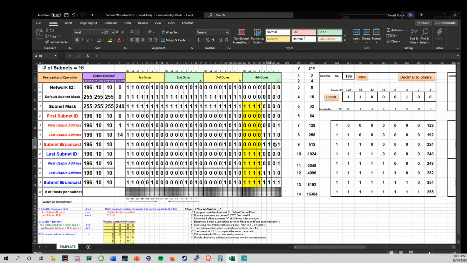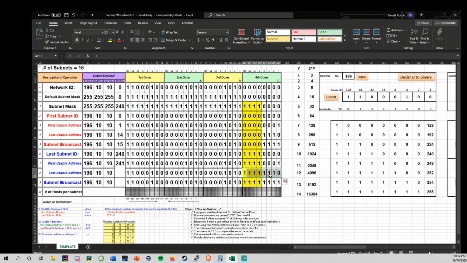This is 8 plus 4 plus 2 plus 1, so that's going to be 15. Down here, 4 ones. Remember that is 240. 4 ones, that's 240 basically, plus 1. So that's easy.